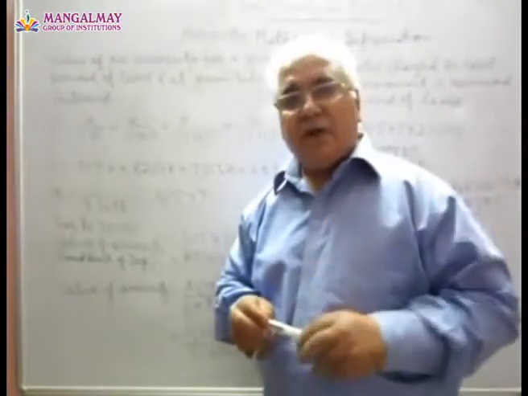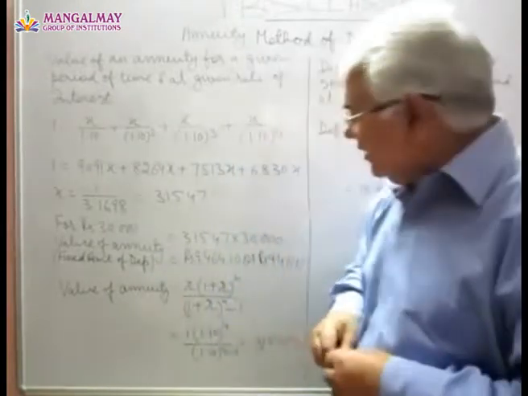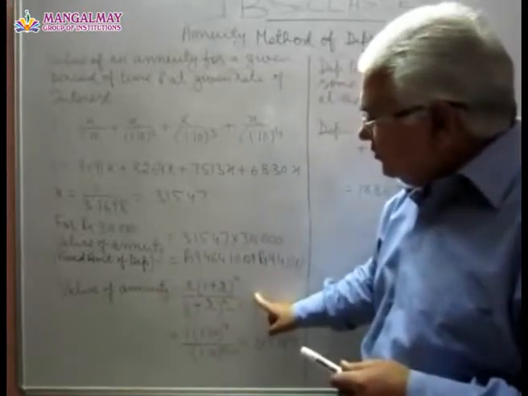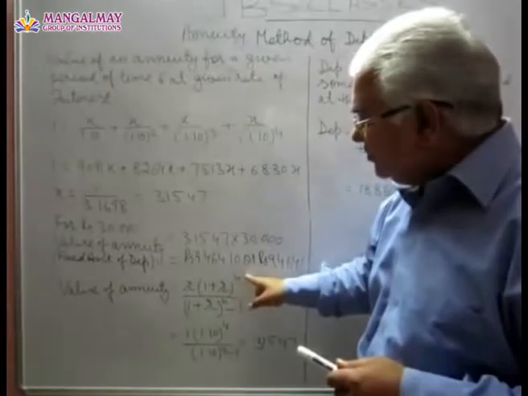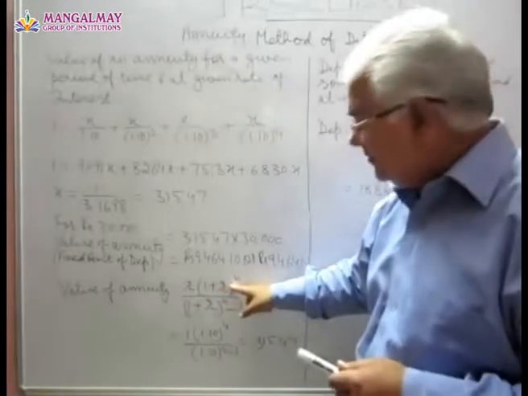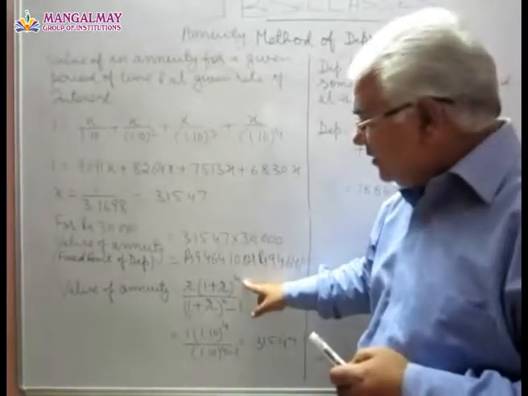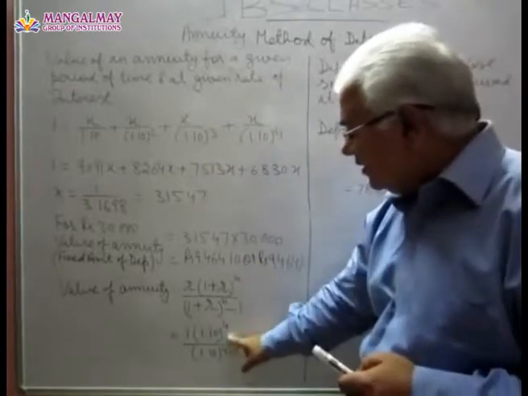And let me tell you, there is another formula for this also, which you can easily use. Formula is this: value of an annuity is equal to R multiplied by 1 plus R raised to power n. Here R is the rate of interest. N is number of years. Okay. So for the given data, we have calculated here.